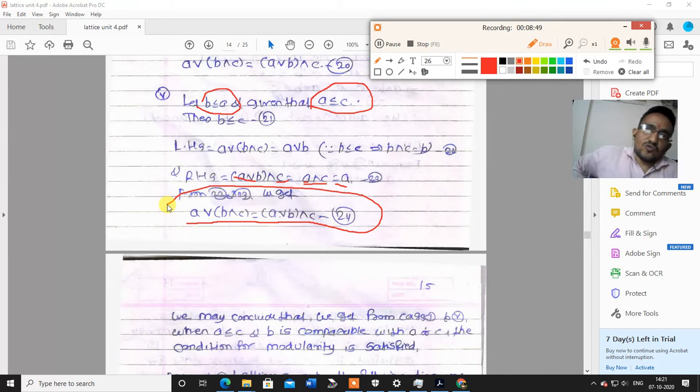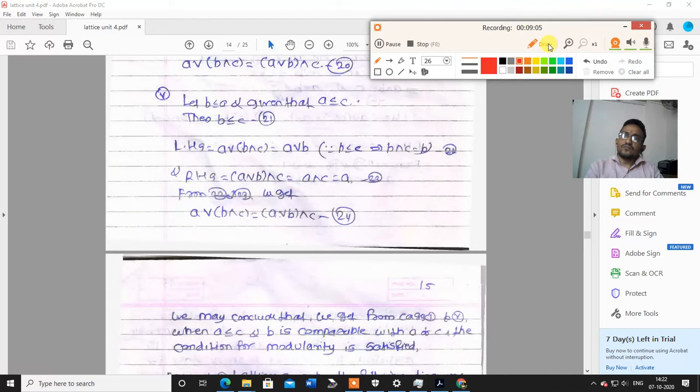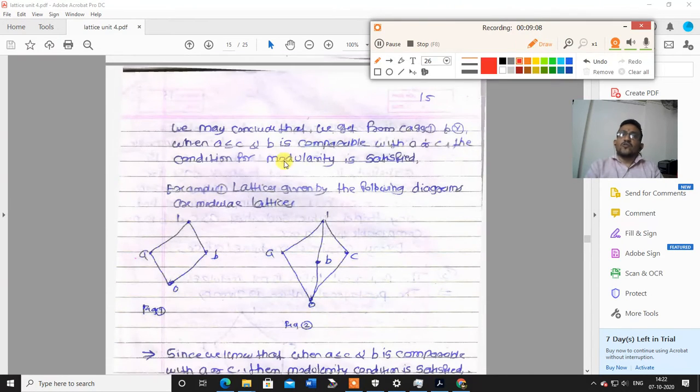आता आपण या केसेस वरून असं कन्क्लूड करू शकतो की we may conclude that we get from case 1 to 5, when A is related to C. म्हणजे आपण जे केस 1 to 5 पर्यंत केस बघितलेला आहे त्या केसवरून आपण असं कन्क्लूड करू शकतो की when A is related to C and B is comparable with either A or C, the condition for modular property is satisfied.